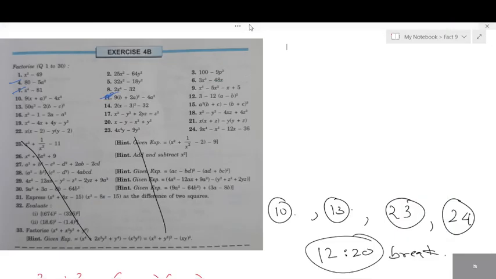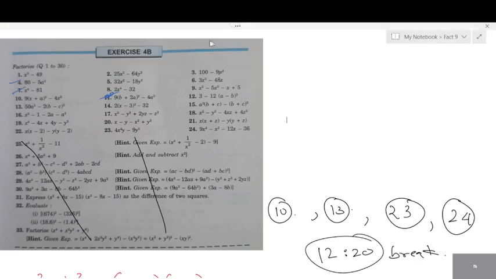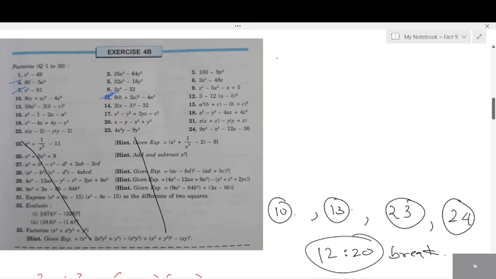Okay. Shall I solve these questions? All of you online? 10th one. What about Ananya online?